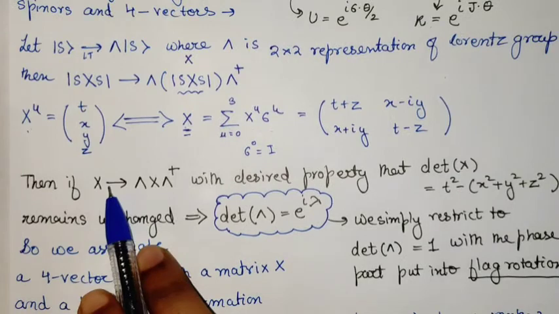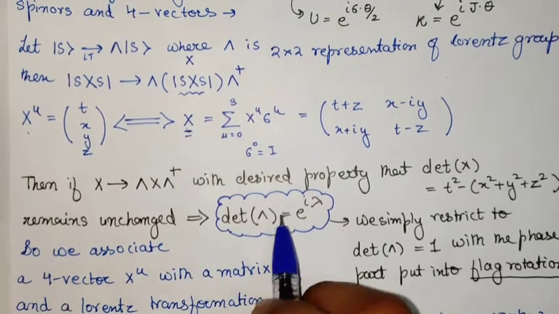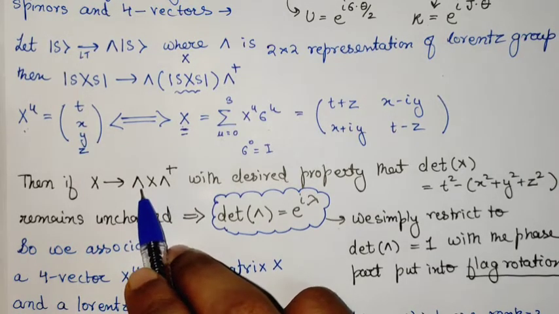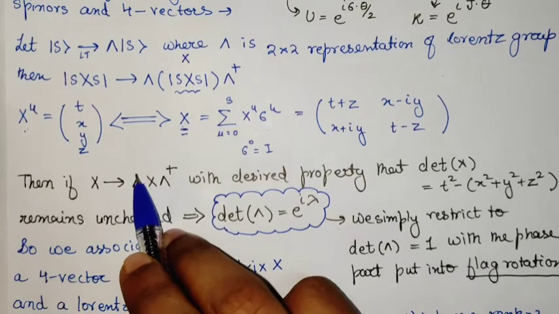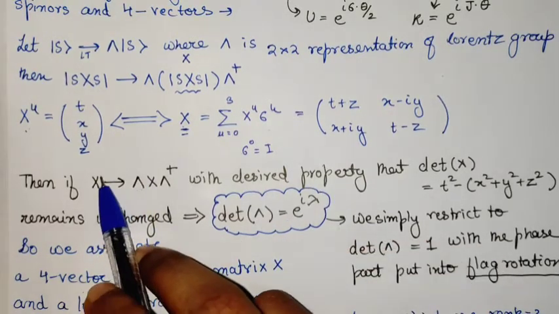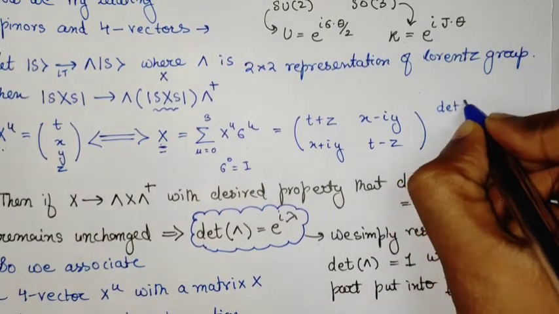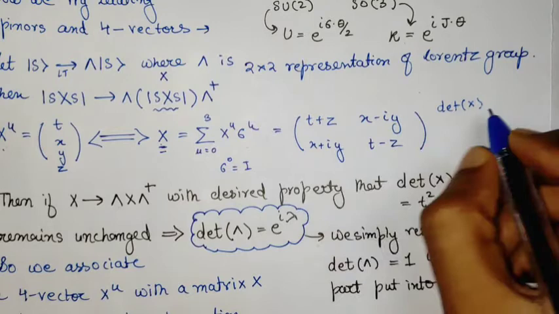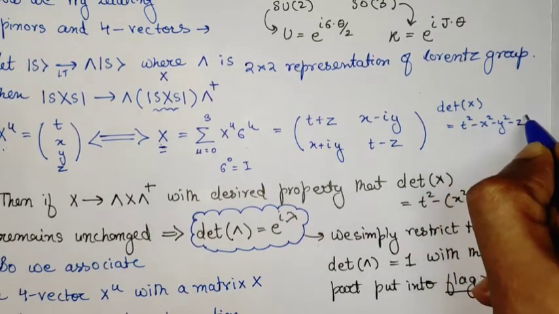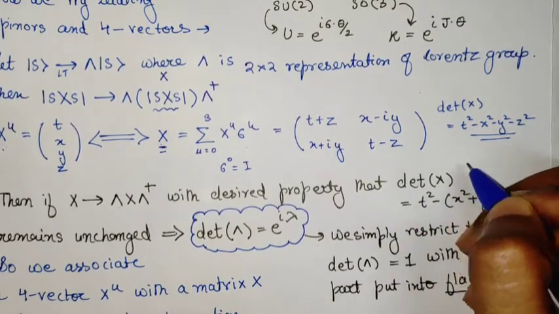So if X changes in this particular fashion, where X is this matrix, then what is the desired property of this lambda transformation? Because this is the transformation that we have to find. The desired property is to preserve the determinant of X, because det X is nothing but t squared minus x squared minus y squared minus z squared, which is the Minkowski 4 vector dot product.